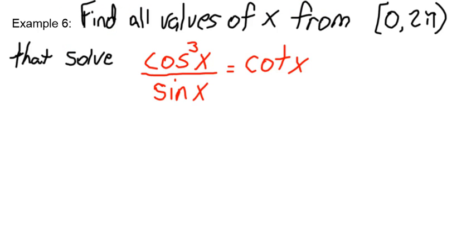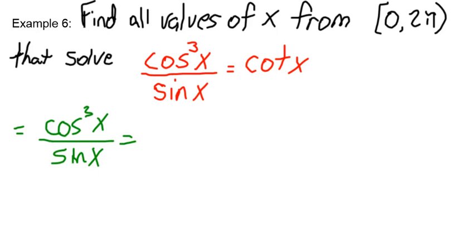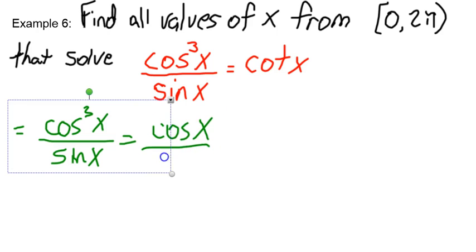Example 6, find all values of x from 0 to 2 pi that solve cosine cubed x divided by sine x equal to cotangent x. First, remember one of the strategies I recommended earlier on, rewrite everything in terms of sine and cosine. So we can rewrite this as cosine cubed x divided by sine x equal to cotangent, which we can write as cosine x over sine x.